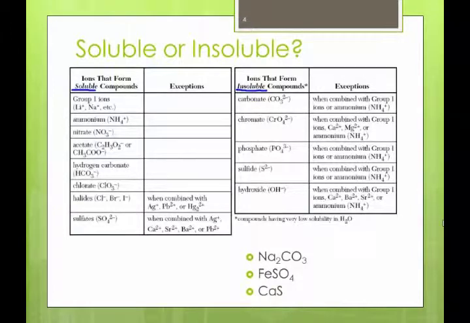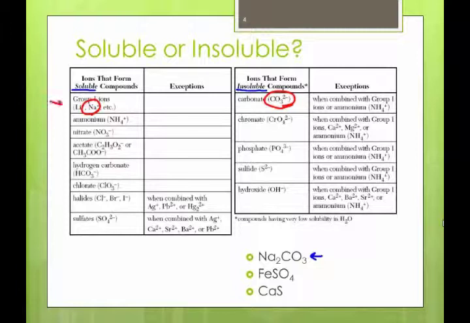I'm going to start down here with sodium carbonate, and as I look at the formula of my ionic compound, I'm checking each box to see if I can find sodium or carbonate. And I see that I have sodium here, and I actually have carbonates over here. Both of these are going to tell me the same information.